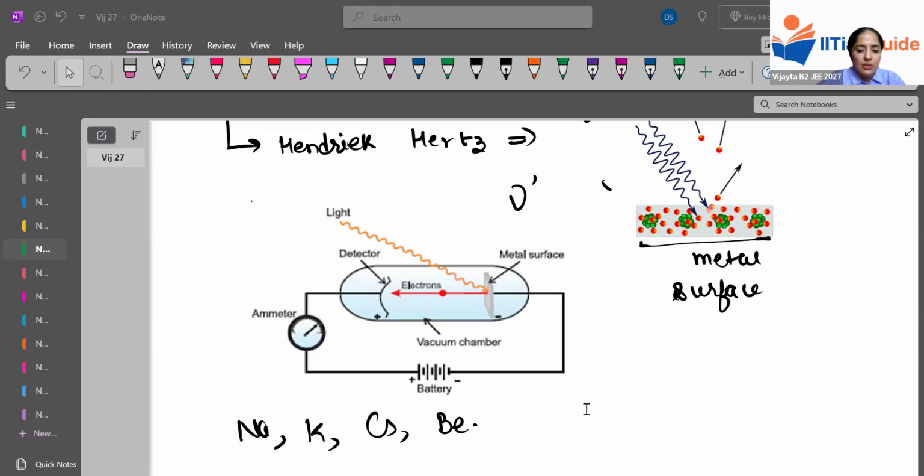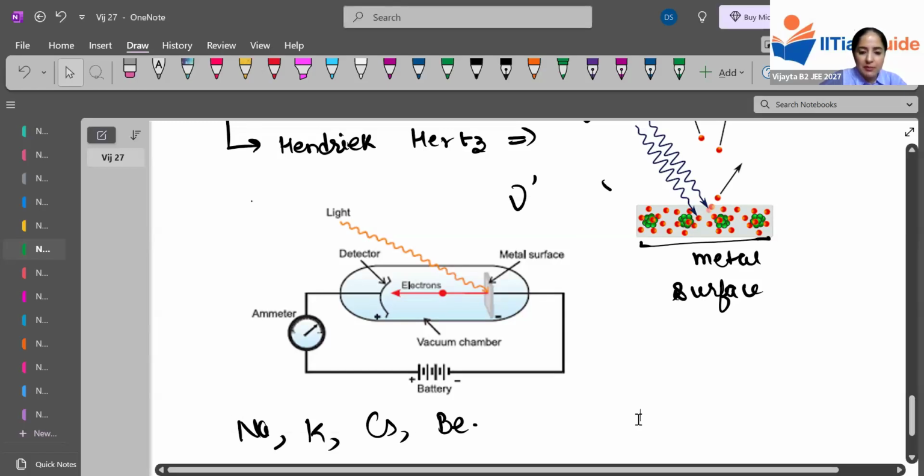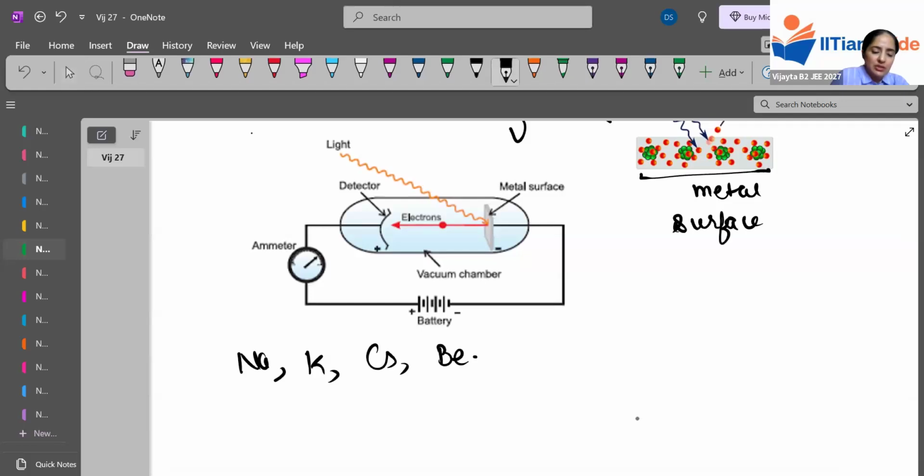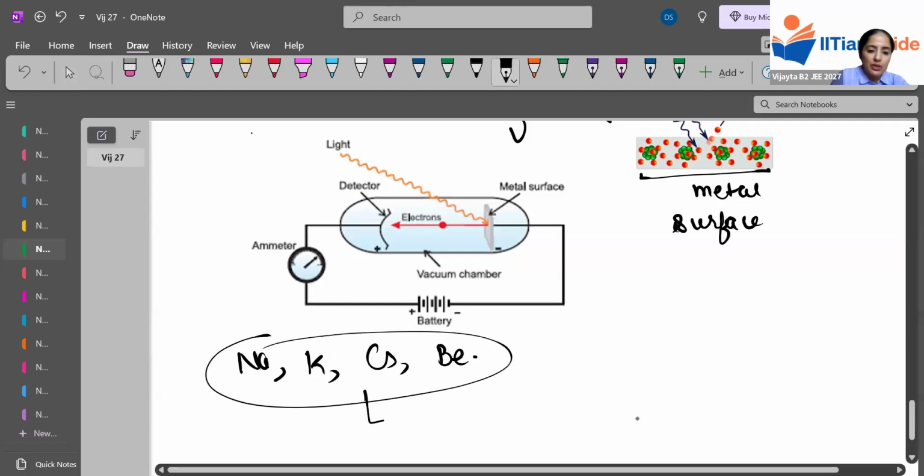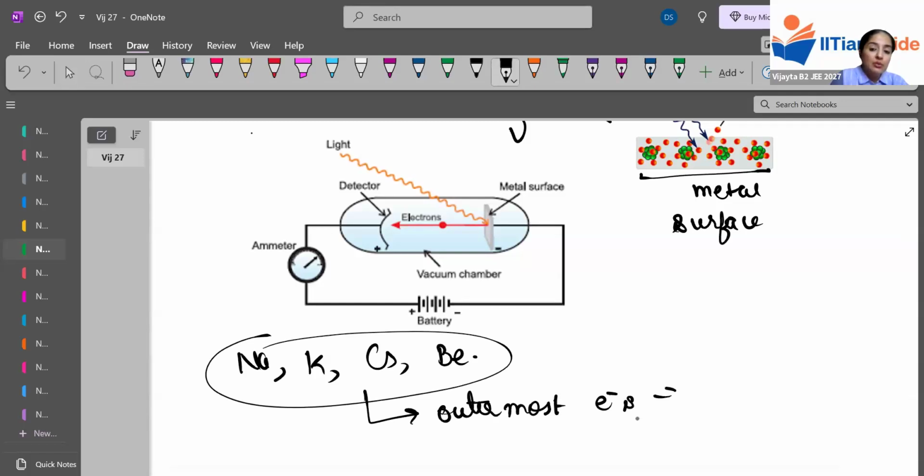As you will read in the next chapter also, the outermost electrons of these metals are loosely bound.